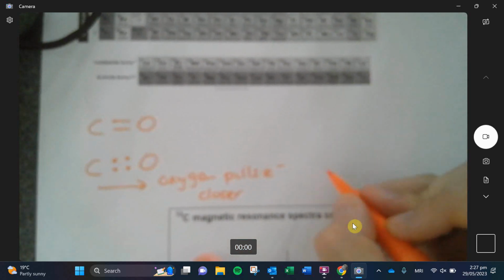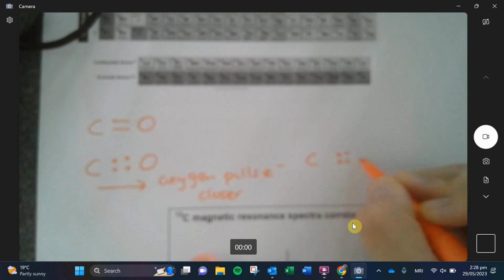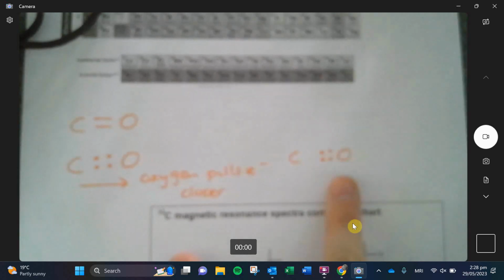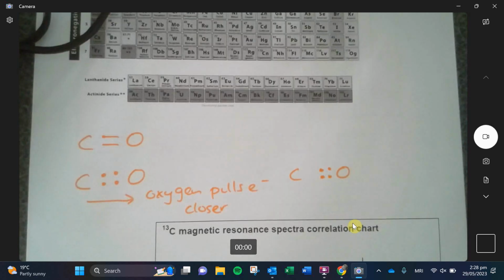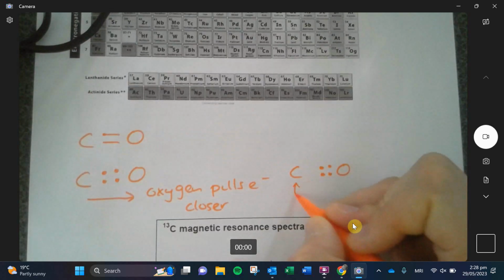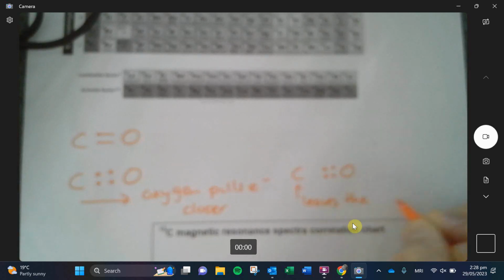So what I would then see is my carbon atom, and then these electrons in theory would look closer, visually, to that oxygen. And what that does is that it leaves the carbon nucleus exposed.